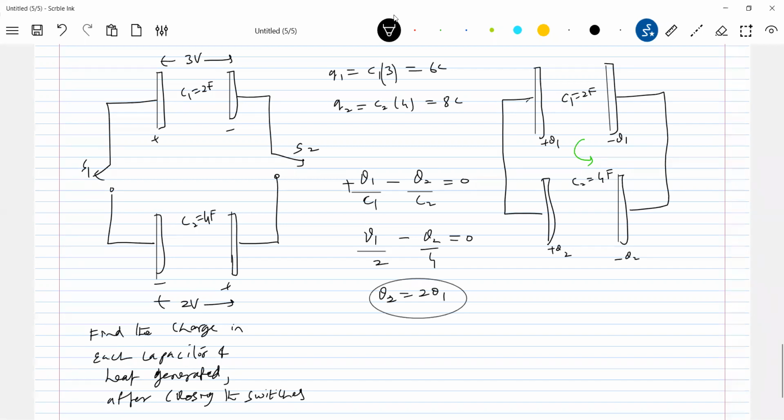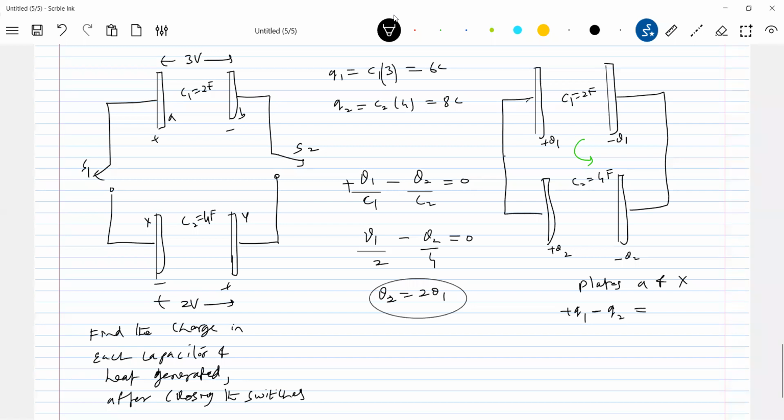So let's go for conservation of charge. Sir, which plate will you take? Either, any plate. So let me take this as plates A, B, and this as plates X, Y. Plates A and X, I'll take. What was the initial charge of the plate A? So plus Q1, minus Q2.